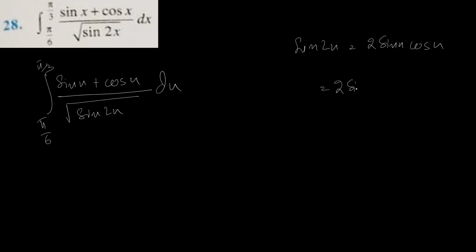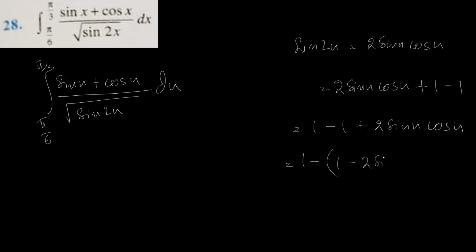I can write 2 sin x cos x plus 1 minus 1. So this whole thing I can write as 1 minus 1 plus 2 sin x cos x. From these two terms I will take minus common, so this will be 1 minus 2 sin x cos x.